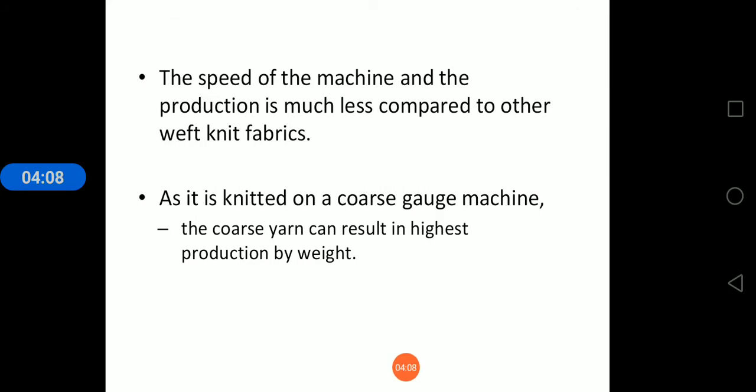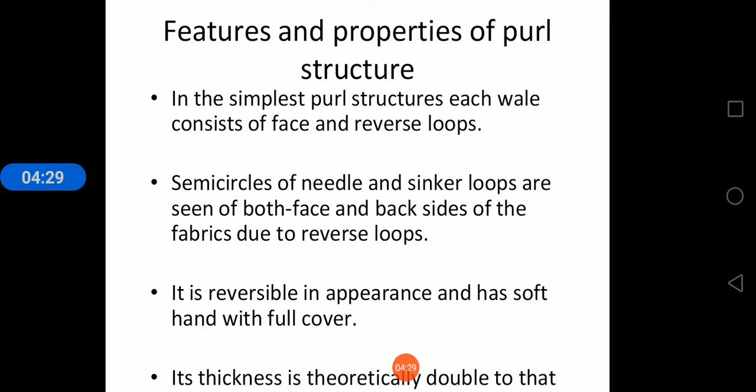The speed of the machine and the production is much less compared to other knit fabrics. As it is knitted on a coarse gauge machine, coarse yarn can result in the highest production by weight. Why? Because the speed of production is very low, and the coarse gauge machine gives very high production by weight.